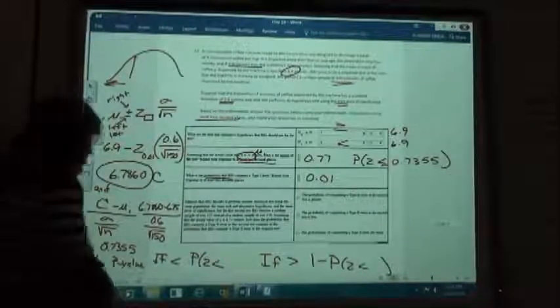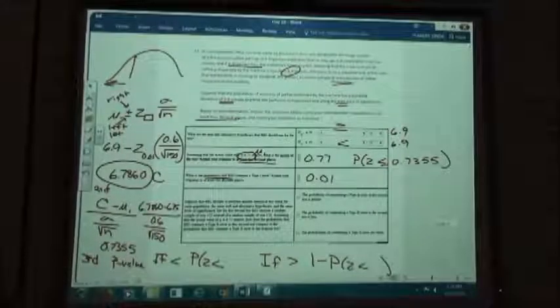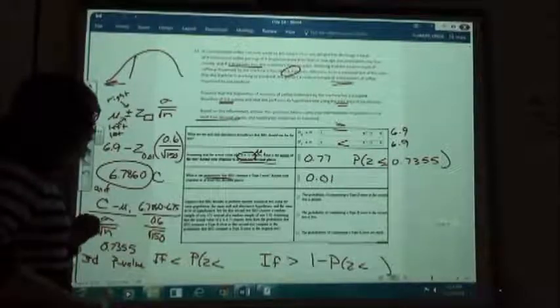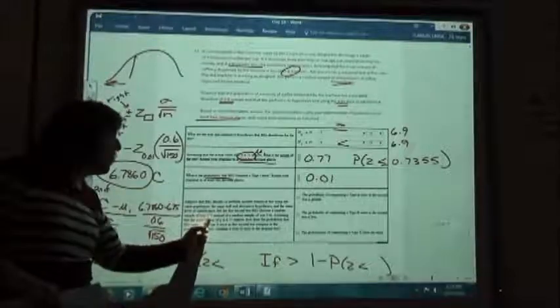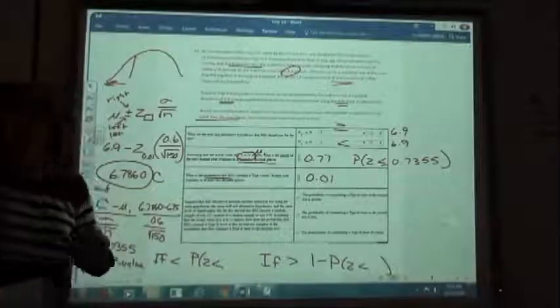Okay, so last part of this. Suppose that Big decides to perform another test using the same population, the same null and alternate hypotheses, the same level of significance, but this time he's going to sample 125 people instead of 150.